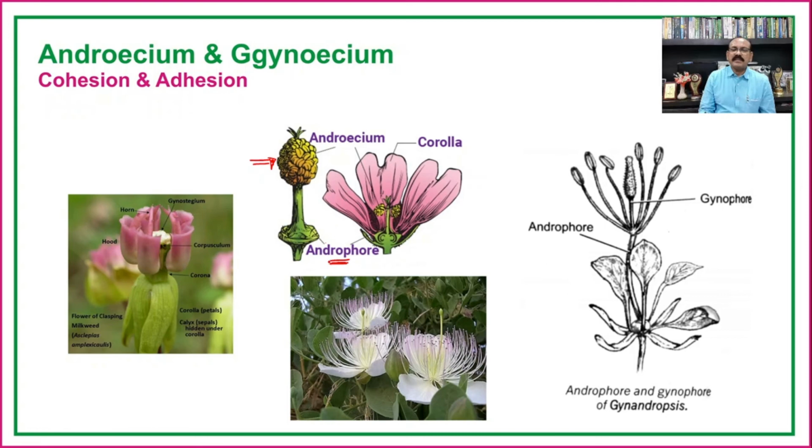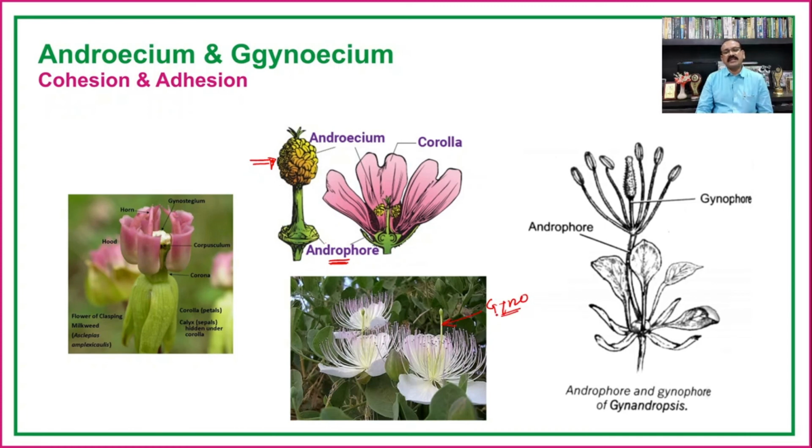In a similar manner, if the female reproductive organ, that is the ovary, is raised from the thalamus or the receptacle to a certain distance, then it is known as gynophore.